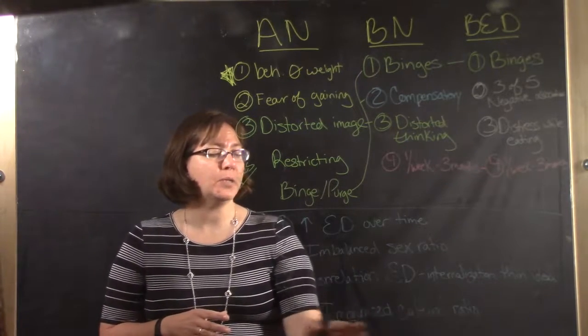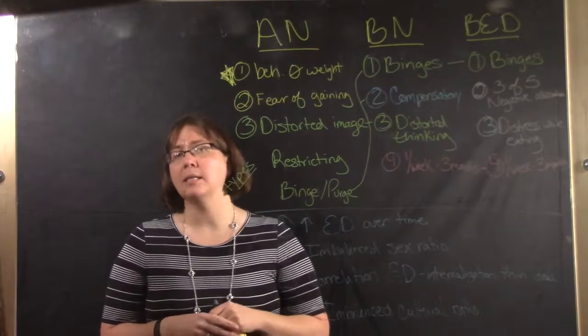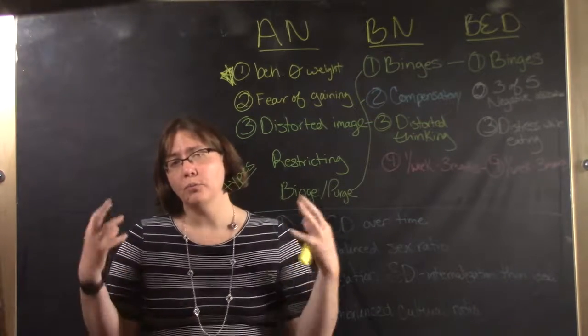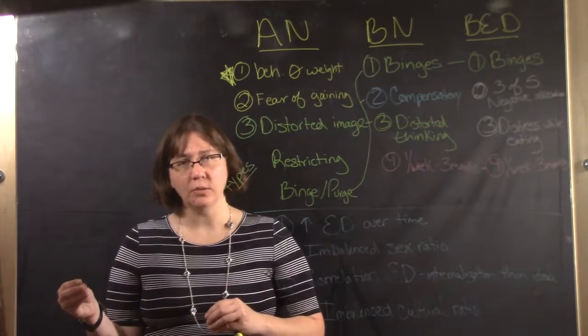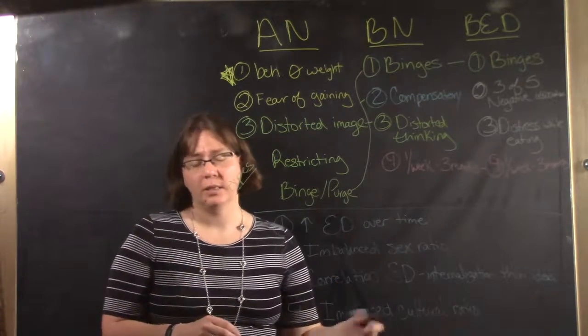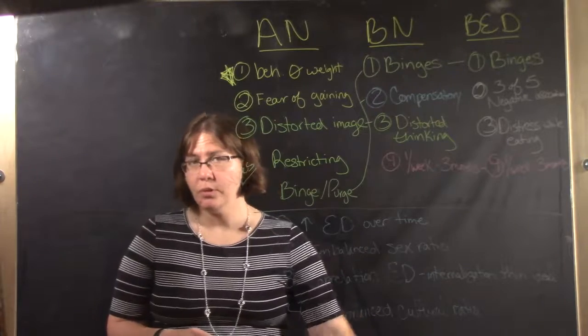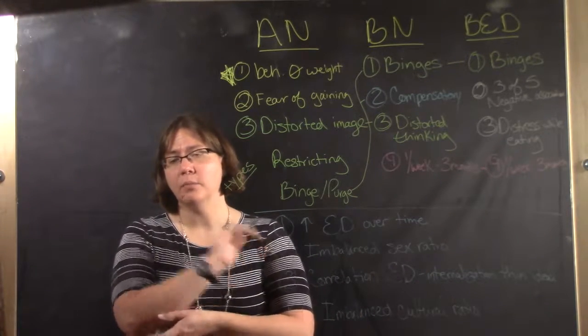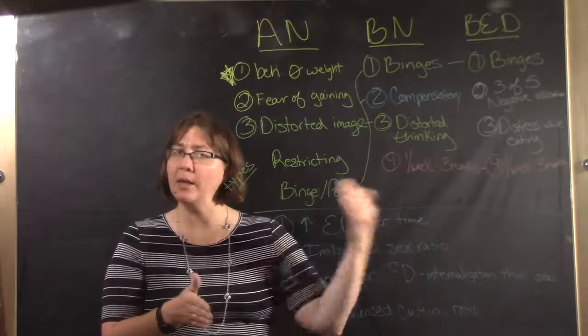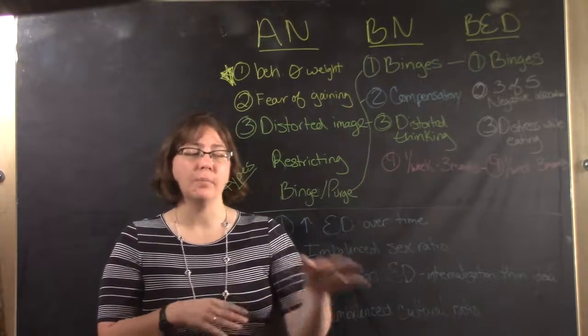And finally, when we do cultural studies, we see that there is an imbalance. Cultures that really idealize thinness have higher prevalence rates of eating disorders than cultures that don't. The Becker study, which was done on the island of Fiji and looked at eating disorder rates before Western TV was introduced and then after, is a big part of this research.